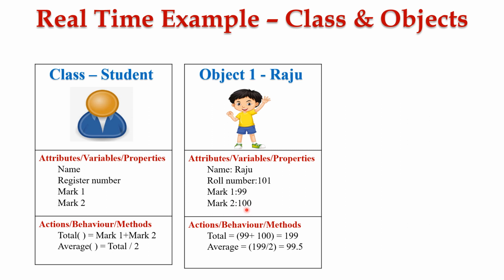Mark 2 is 100. Then the total marks secured by Raju is calculated by adding mark 1 and mark 2, that is 99 plus 100 is equal to 199. Then the average is calculated by total divided by 2, that is 199 divided by 2 is equal to 99.5.